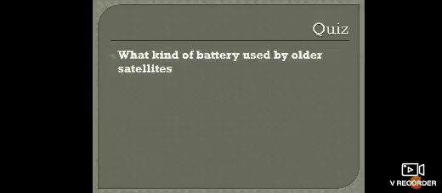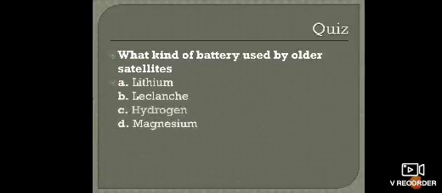So what kind of battery is going to be used by older satellites? What is the options? The first one is lithium, the second one is lead, the third one is hydrogen, and the fourth one is magnesium.